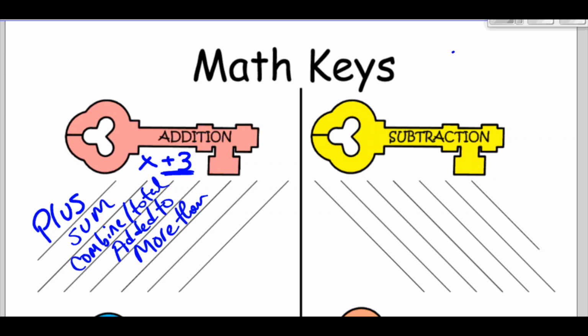If I say 3 more than a number, it's starting out with a number, and it's 3 more than that. The 3 actually comes second, even though in the actual sentence I say it first. And I could also say a number increased by 3. And when I'm talking about money, I'll usually talk about adding money as a deposit.